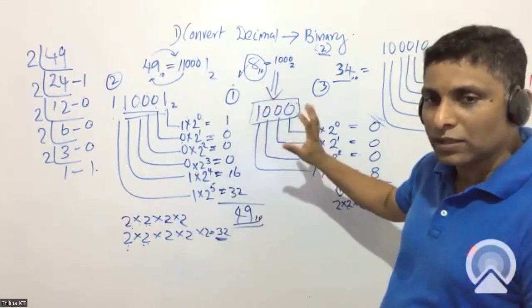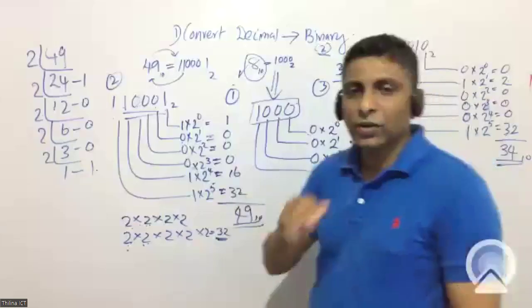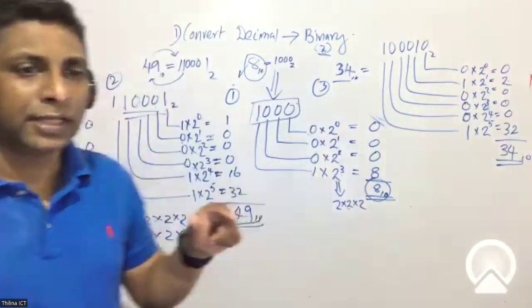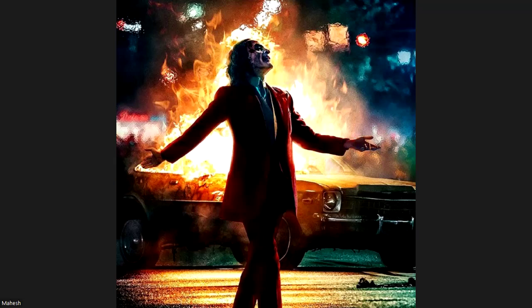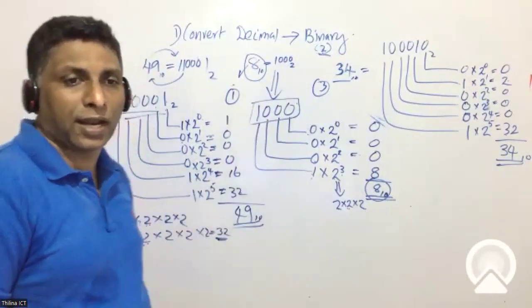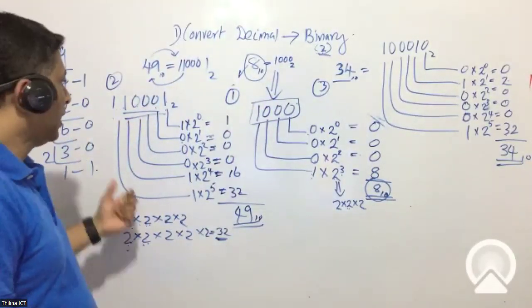Only it can process ones and zeros, right? So we need to convert. Even if you press the character A on the keyboard, the keyboard is capable of converting that A into the binary form where the CPU can understand the logic, right?